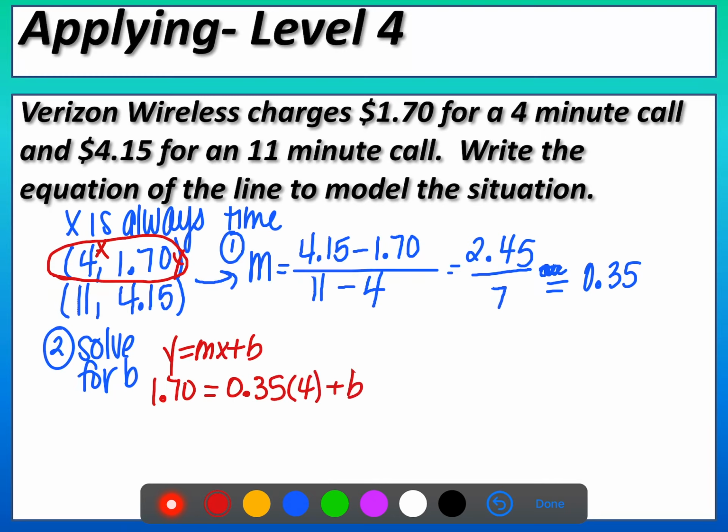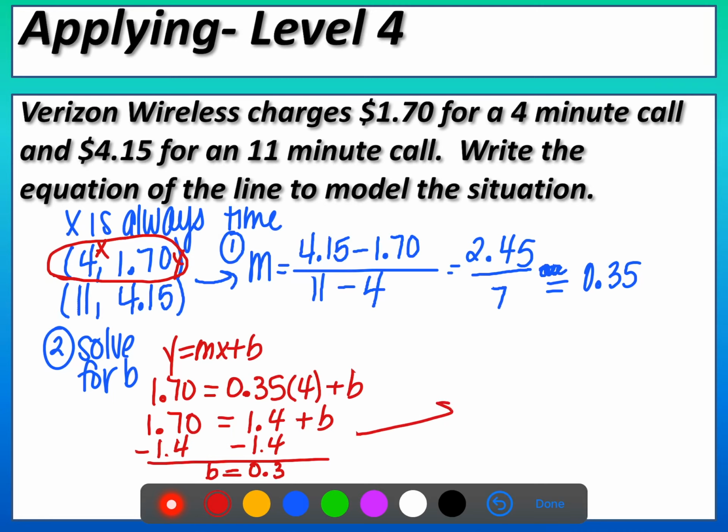Okay, set these up and we can begin to solve for b. Okay, so now we have our slope and we have our y-intercept, and we can put those together for our final answer.